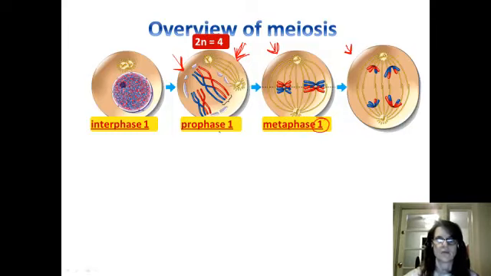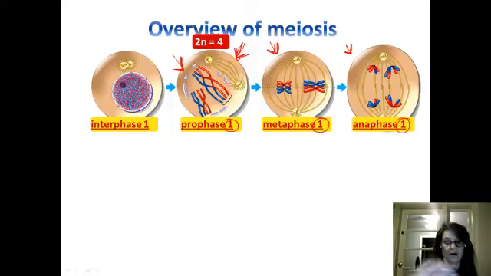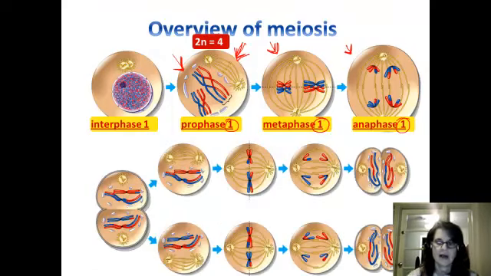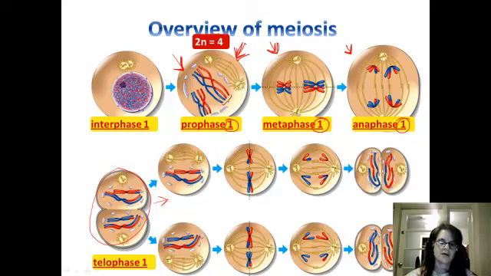Please notice that it's a 1 and a 1 and a 1, because obviously we're going to divide again, and we will call those divisions 2. Okay, now this here is telophase 1, all right? And basically from this point on, things are going to look a whole lot like mitosis.